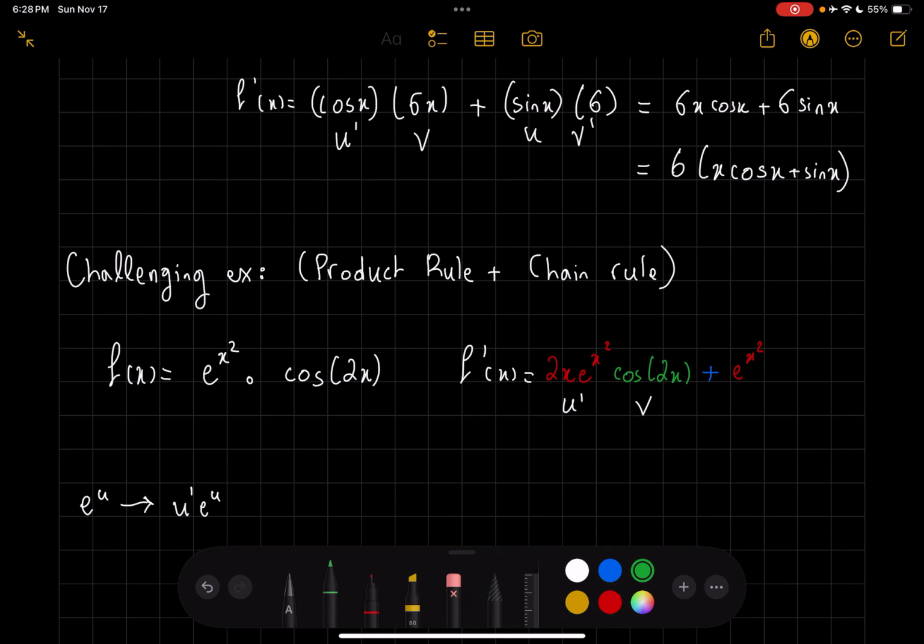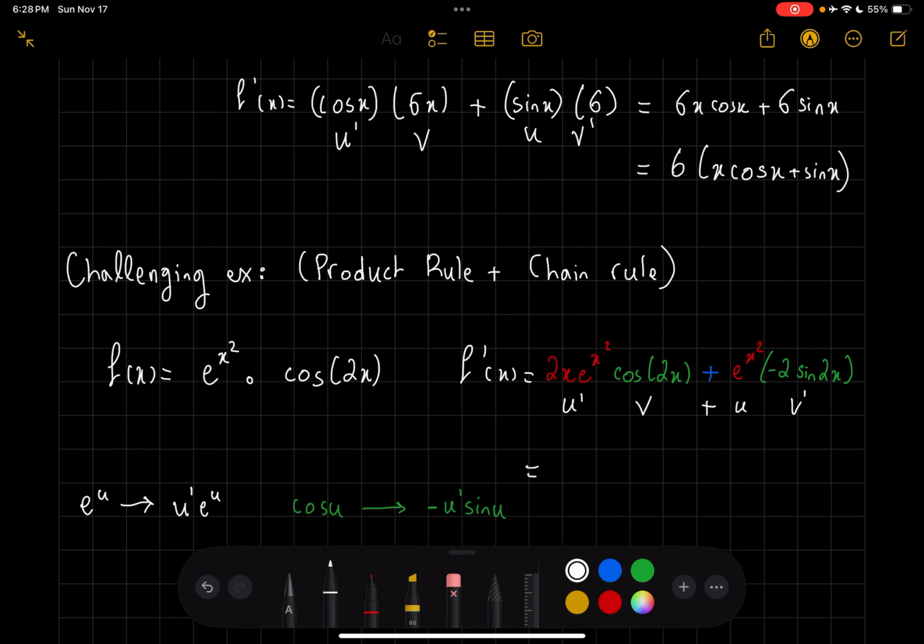And v prime: this is cosine u, and the derivative of cosine u is going to be minus u prime sine u. So it is going to be minus 2 sine 2x. So this is going to be my u and this is going to be my v prime.